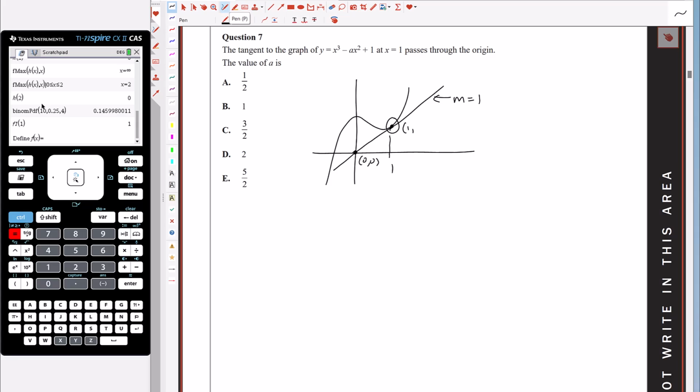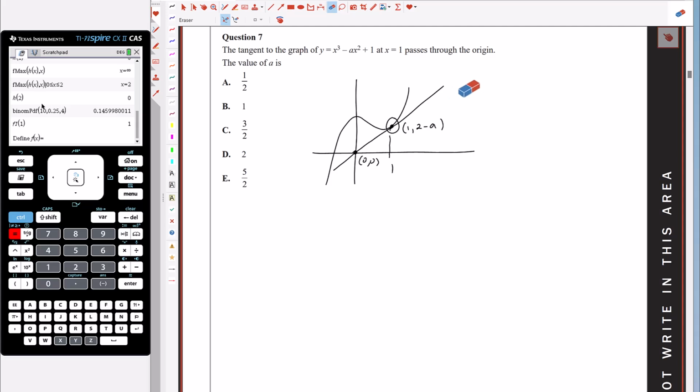It's going to be 2 minus a if we sub 1 into that. So that'll be 1, that'll be minus a, and that'll be 1. So we get 2 minus a. And so what we want to do here is use the fact that there's 2 different ways to calculate the gradient of this line.